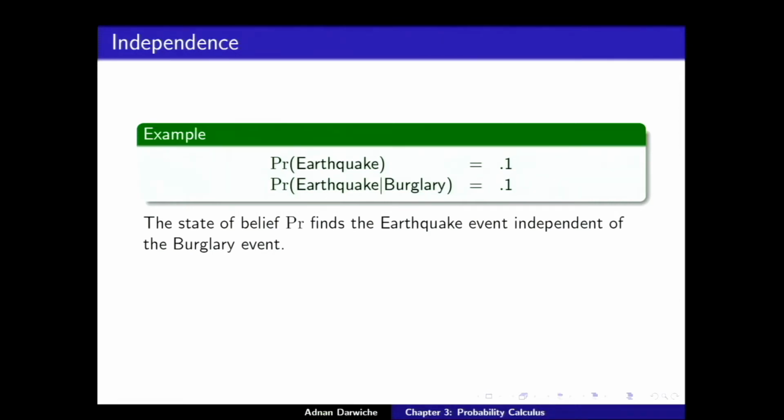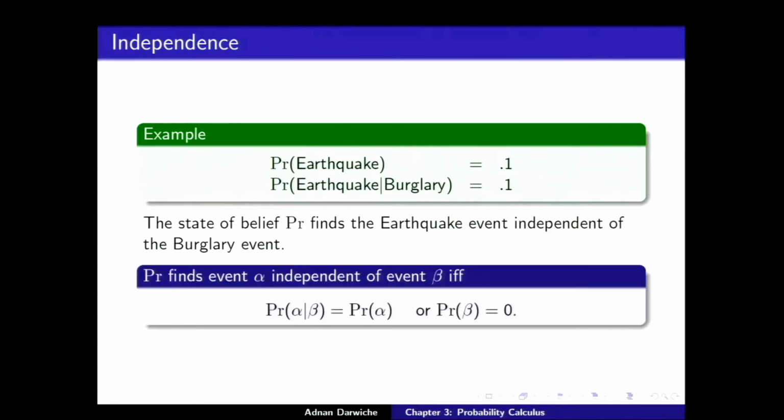So the few things that we're going to say about independence is the following. There's a couple of equations that allow us to define independence, and a key property about them that you need to be aware of. The first one is, okay, so here's the concrete example. We have probability of earthquake 10%, and earthquake given burglary remains the same. So we say in this case that earthquake is independent of burglary.